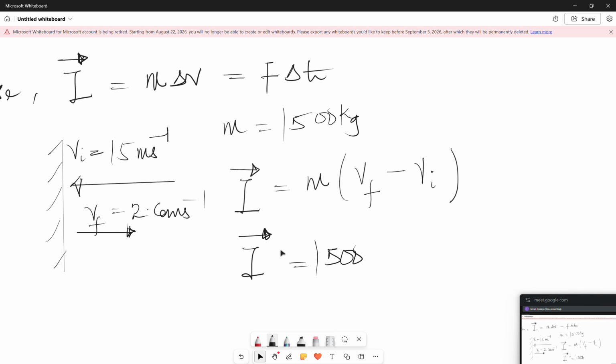So you open a bracket: 2.6, that's positive, minus, and the v initial is moving in the negative x axis, so it will be minus 15. Are we together?